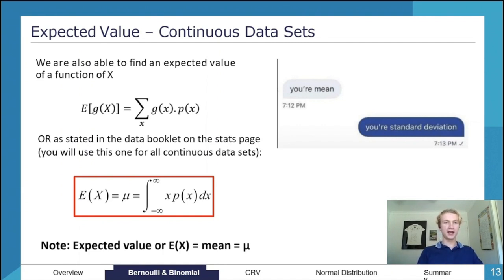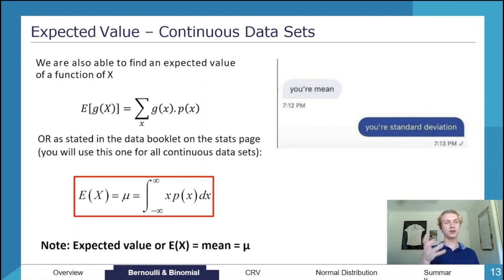So let's say we have heights of males or females, and we were trying to find the probability that the height of a random student selected, random variable, what are we thinking? X. The chance that a random student selected was going to have a height between 1.6 and 1.8 meters.